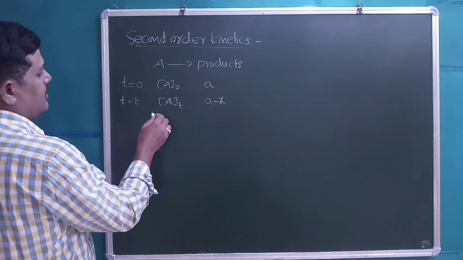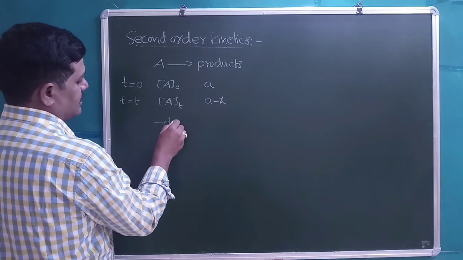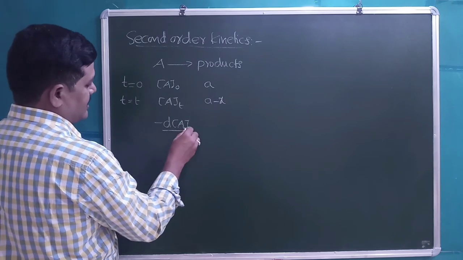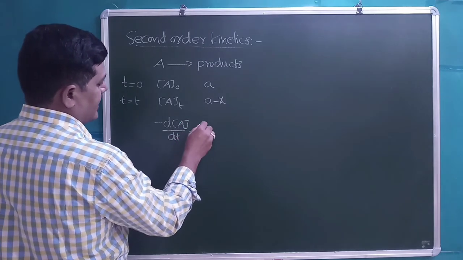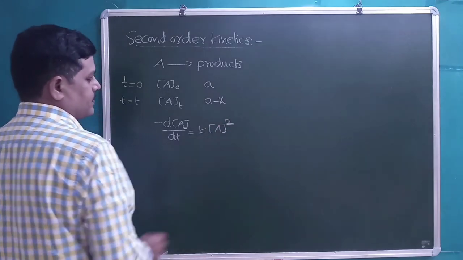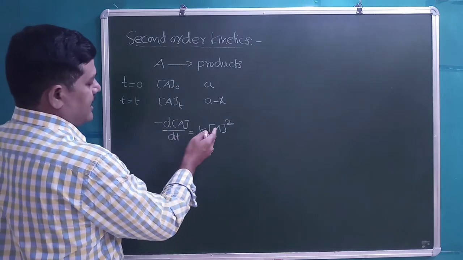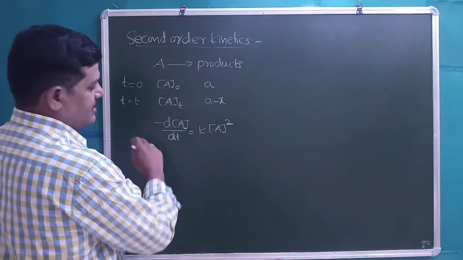Students, for the second order reaction, we can write the rate expression as minus dA by dt is equal to k into concentration raised to the power of 2. Let us write the t terms one side and A terms the other side.